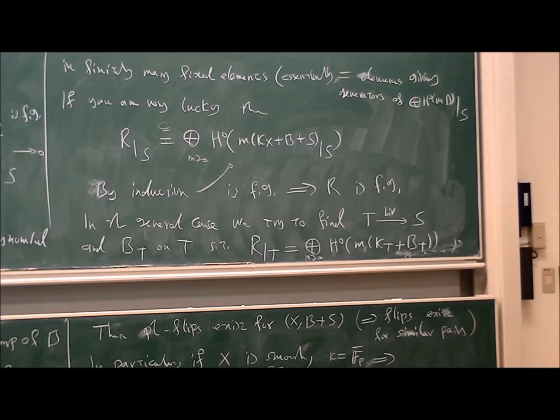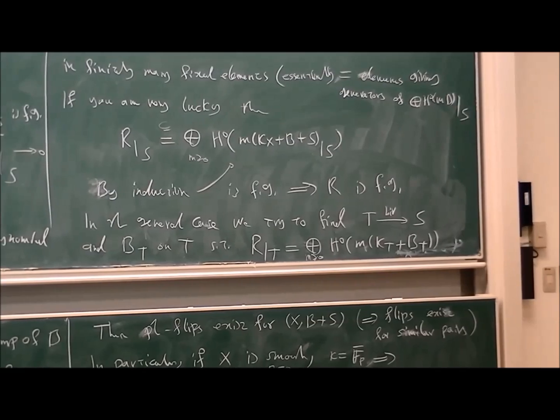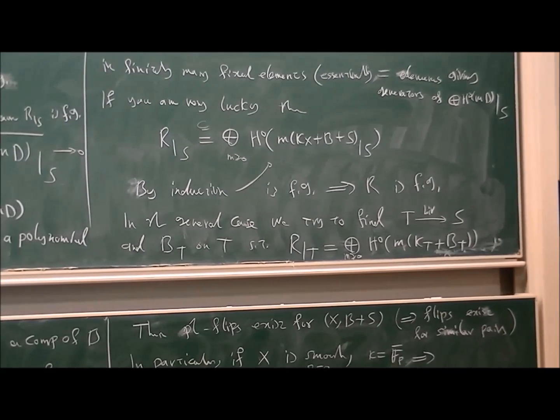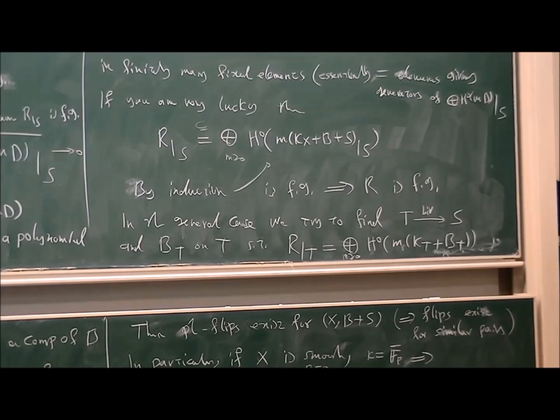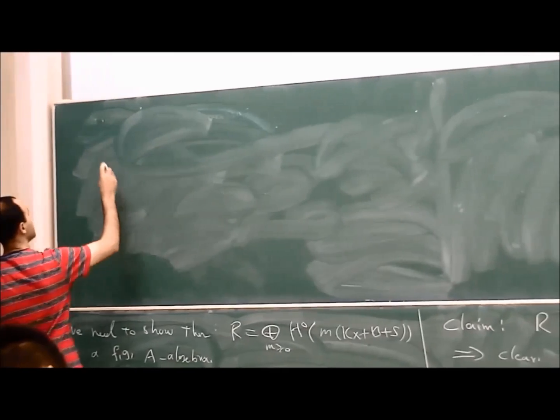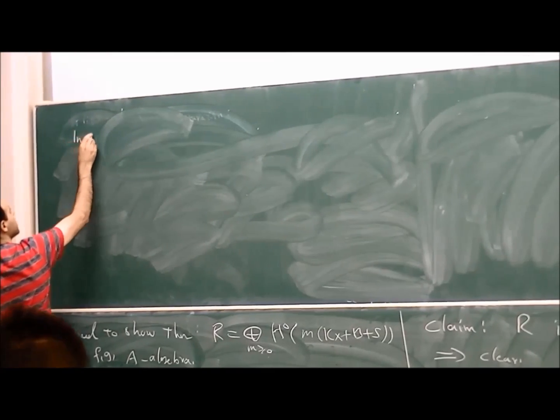So in any characteristic, finding this T has to do with lifting sections. So the problem is to identify what the restriction of R is, the same as identifying those sections which lift to the ambient space. So in characteristic 0, one uses a vanishing theorem.